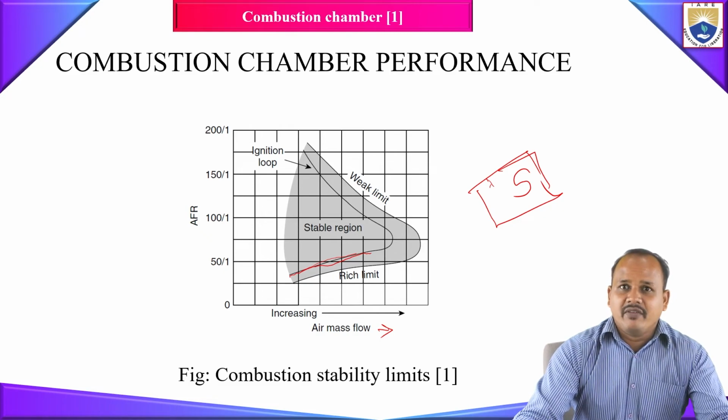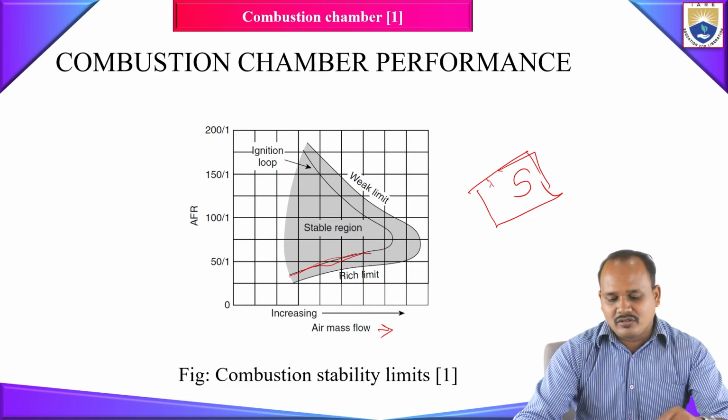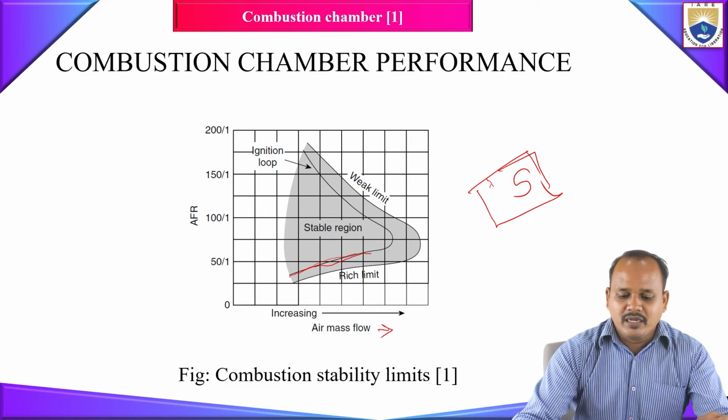But if you are sending very high speed air towards that flame, after a certain velocity of your airflow, the flame will be extinguished. So what is flame speed in essence? It is the maximum velocity up to which you will have a stable flame inside your combustion chamber.